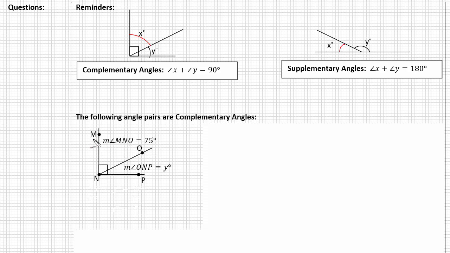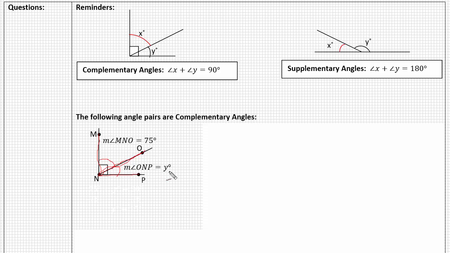The measure of angle MNO, so talking about this part right here, is 75 degrees, whereas the measure of angle ONP, O to N to P, is Y degrees.